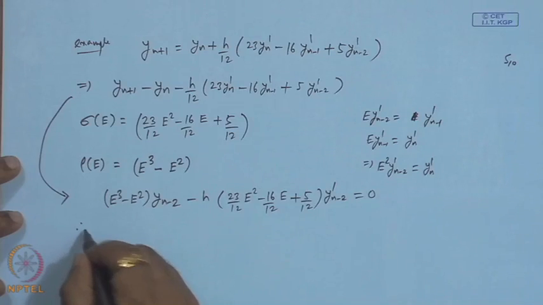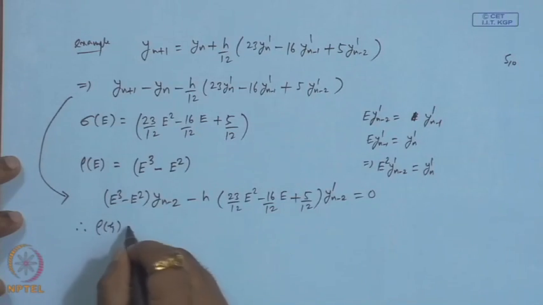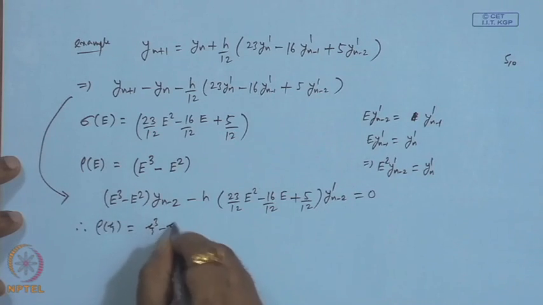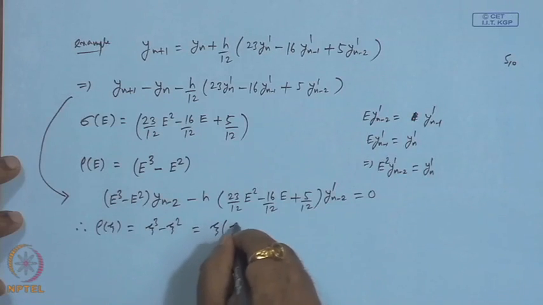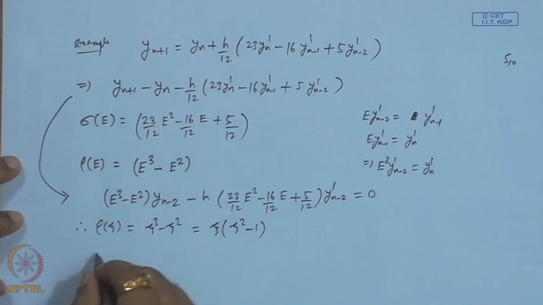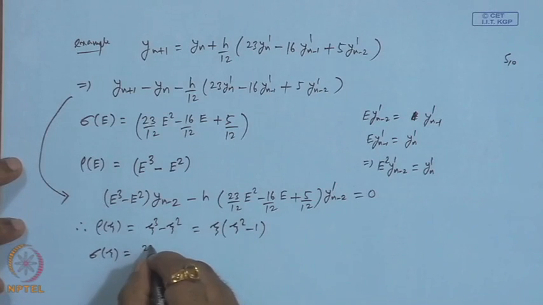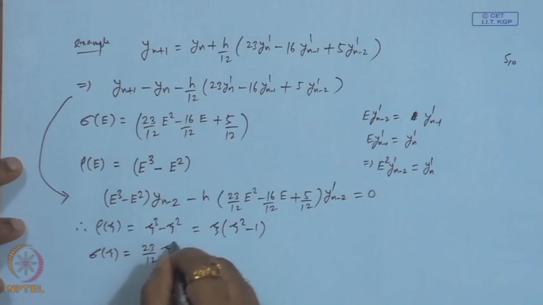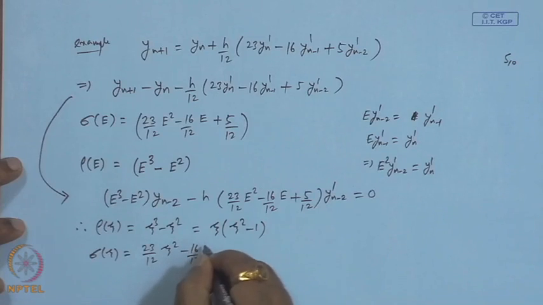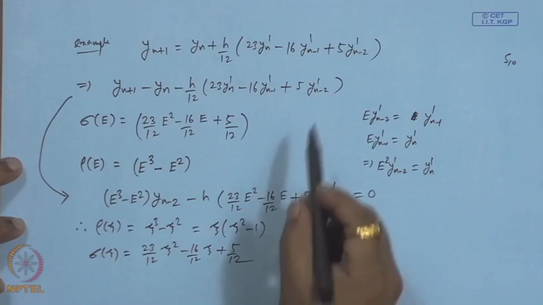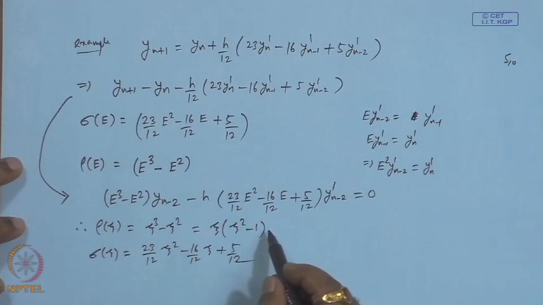So, therefore, this is, and sigma of this is, so, for a given multi-step method, this is the first characteristic polynomial and this is the second characteristic polynomial.